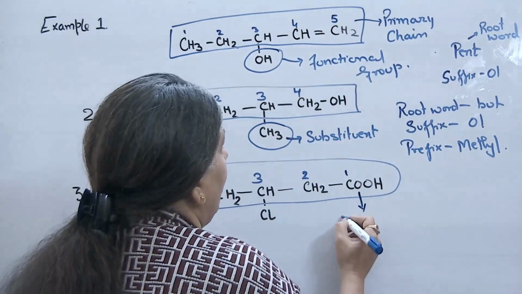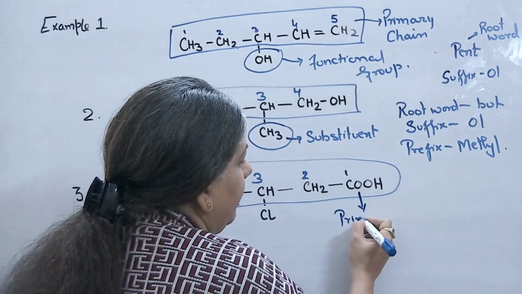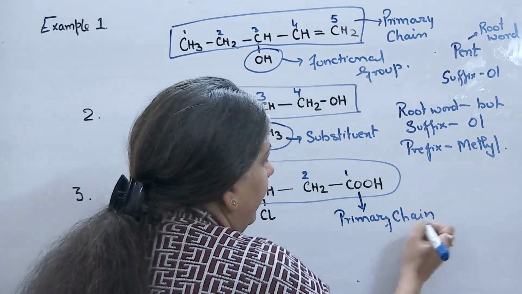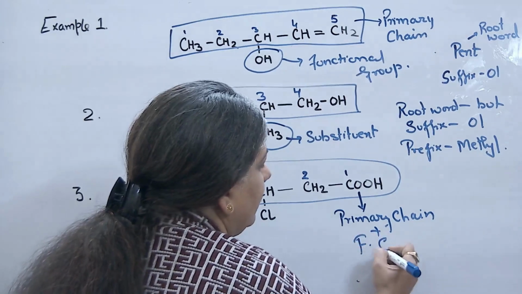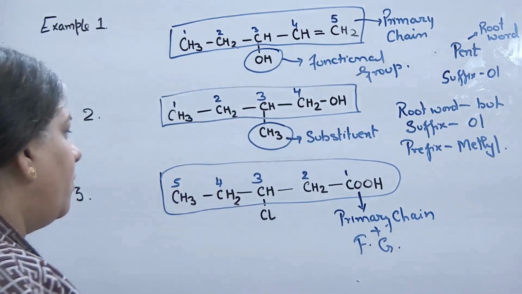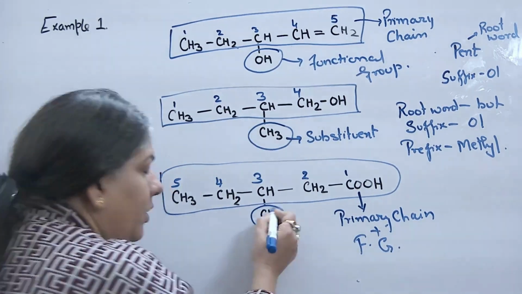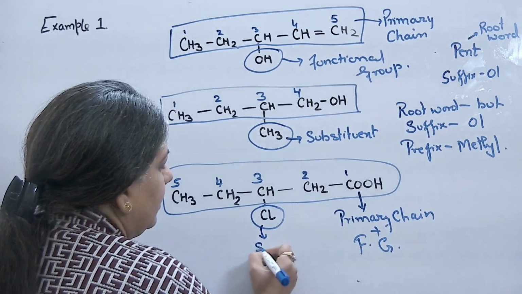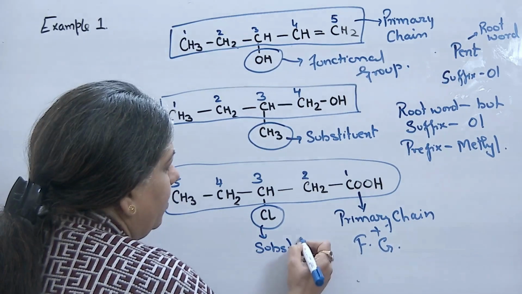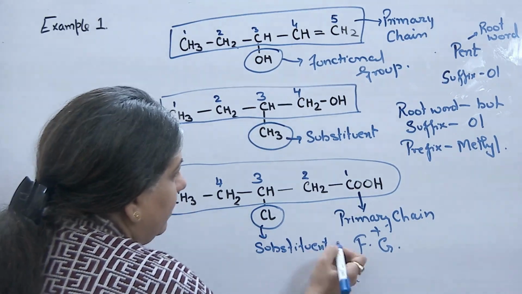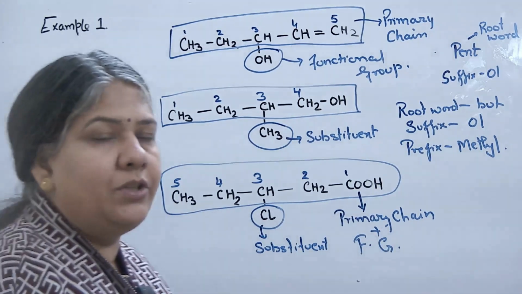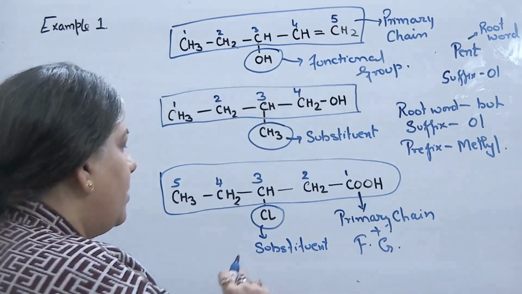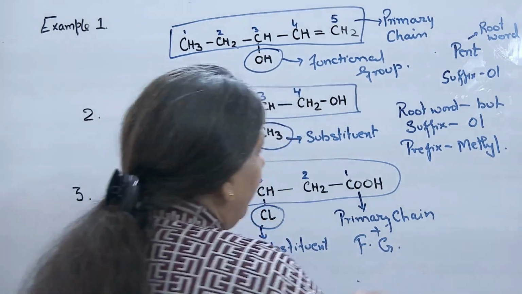So this is our primary chain having the functional group. Now whatever is left is the substituent. This Cl will be called the substituent. So this is the way you recognize the primary chain, the functional group, and whatever is left is the substituent. And the substituent will be named in the prefix.